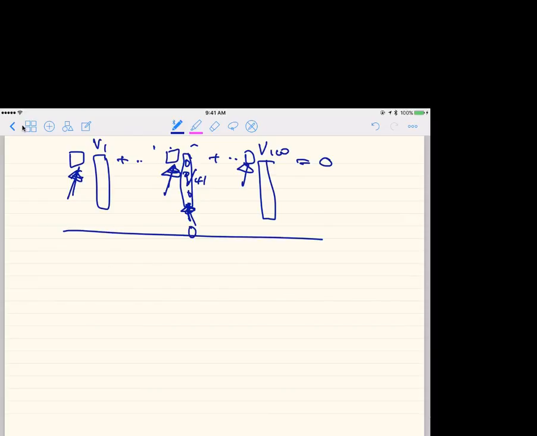In other words, how can we set those linear combination coefficients to make this equation true?